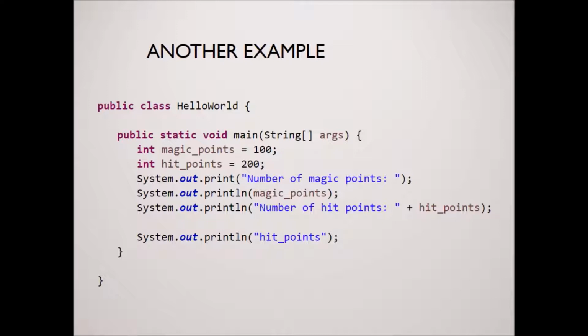So clearly these first two things are going to be on the same line. So it's going to print number of magic points, and then right after that, in the output, it's going to print the value of magic points. It's going to print the 100 because we used print here. And so in a real way, it's a lot like doing this. So just don't worry too much about it. But at this point, you get 1, 2, 3 lines.